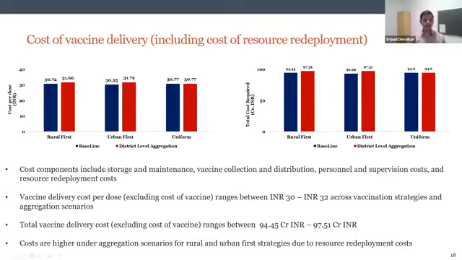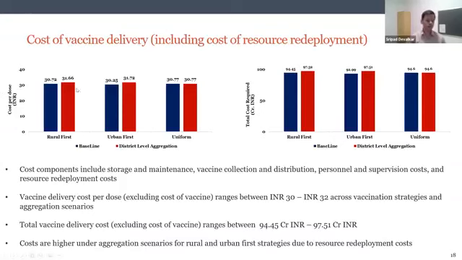And where there is a difference is under the rural first and urban first strategy. So aggregation has a slightly higher cost, and this is understandable because it is under each of these two different strategies that you would actually end up moving resources, and therefore you would incur the cost associated with moving resources in addition to the regular cost of delivering vaccines.